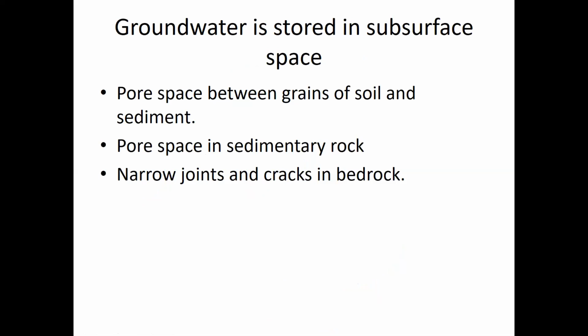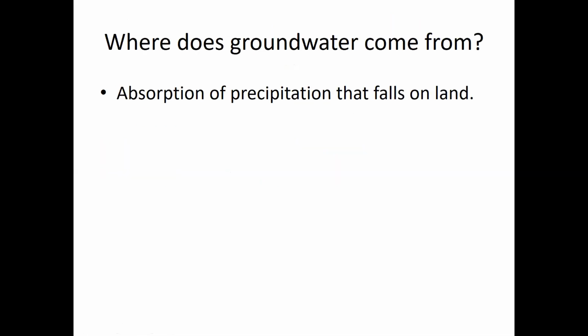And there's also a little bit of pore space in the cracks and joints in crystalline rock, like igneous and metamorphic rock, right? But by far the most pore space is in unconsolidated sediment, and second is in sedimentary rock, and then there's very little in crystalline rock, like igneous and metamorphic rock. But that's where groundwater resides. It's in this empty subterranean space.